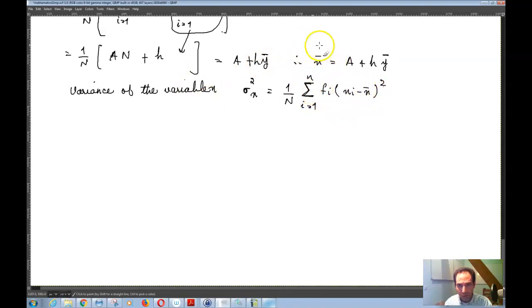So since I have my x bar in terms of a and y bar, I can write this as 1 over n sigma of i goes from 1 to n of f of i times x of i minus x bar, which is equal to a plus h times y bar, and of course this is whole squared, right?